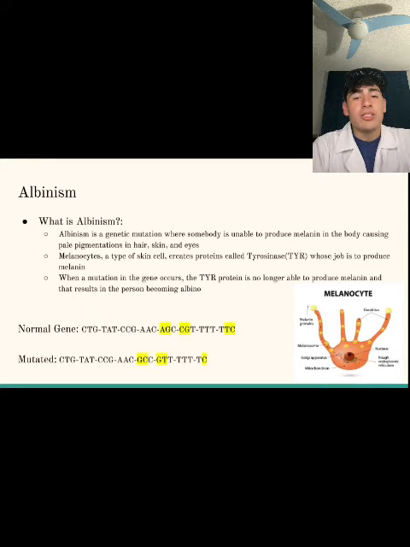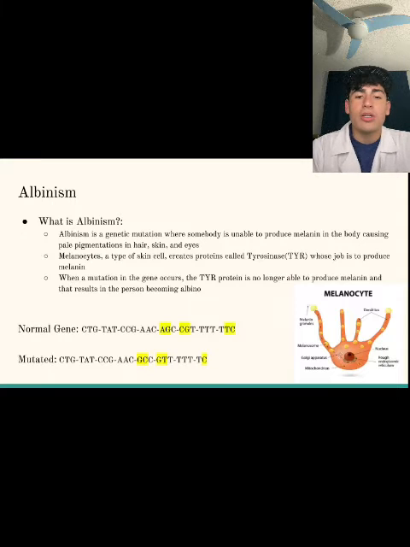Albinism is a genetic mutation where the body is unable to produce melanin, and it will cause pale pigmentations in the hair, skin, and eyes. Melanocytes is a type of skin cell, and that creates proteins called tyrosine, or TYR, and that job is to produce melanin, which will darken our skin tone and give us eye color and hair color.